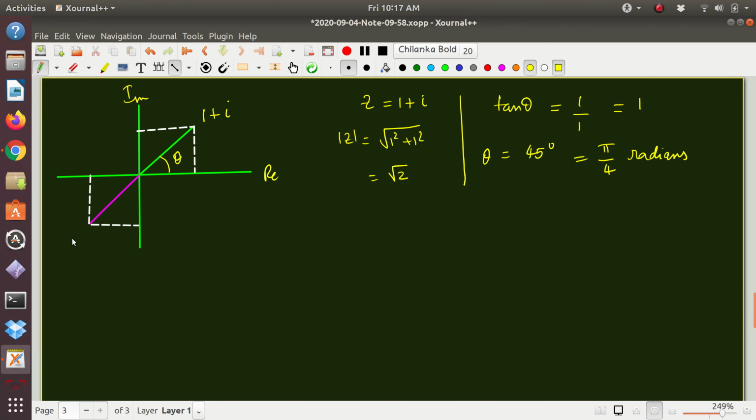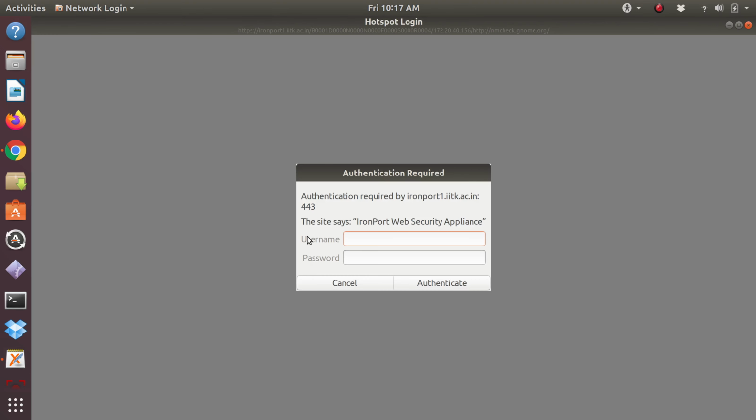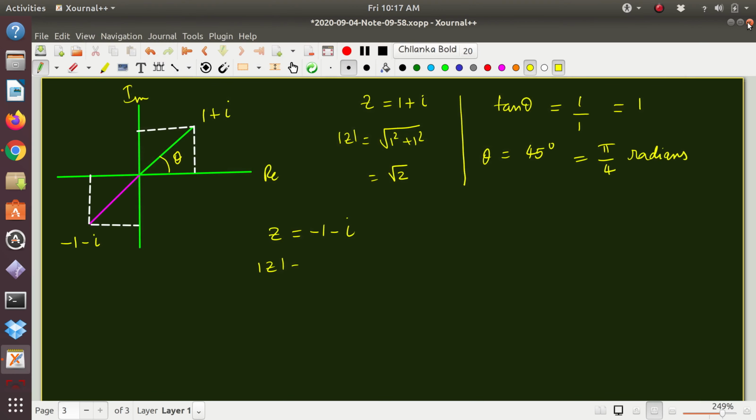Let's say this is -1 minus i. Then let's consider this complex number -1 minus i. Then mod z is again root 2, whereas theta, now you have to be a little more careful.